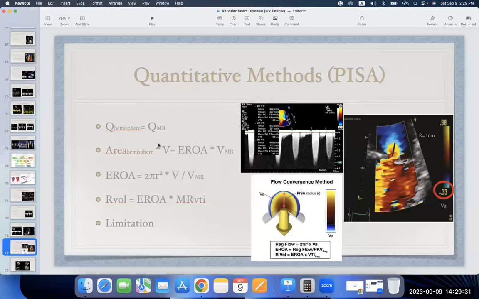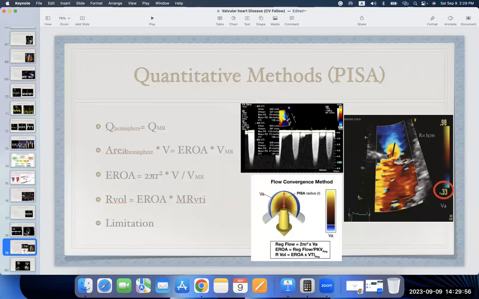For the PISA, we're going to use the same way that we did when we measured the mitral valve area. It's the same method, the same idea. You have a hemisphere here, and basically you're going to shift. First, shift your Nyquist limit down because the jet is going down, and then you want to keep the bottom number between 30 and 40, and then you measure the radius.